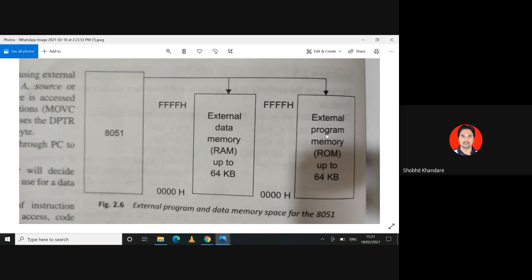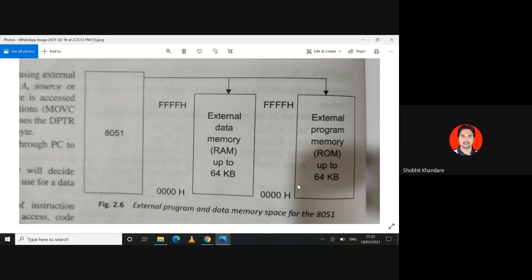Now my question is, if I want to access, whether it is possible to access both the memories at a time or one memory at a time. For example, अगर मुझे 0001 एड्रेस लोकेशन पे कुछ एक्सेस करना है, whether that 0001H is for RAM or 0001H for ROM.